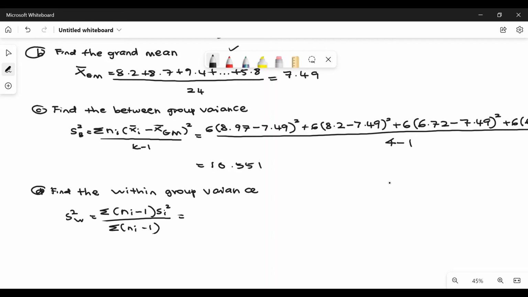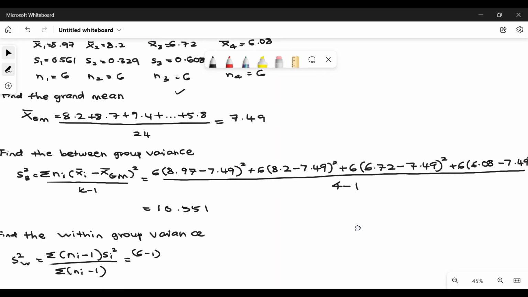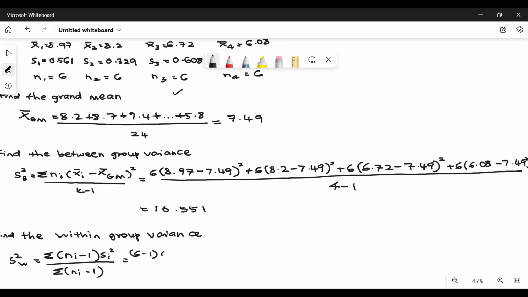So here it will be Ni for the first sample, 6 minus 1, times the variance for the first sample, which is given as 0.561 squared.